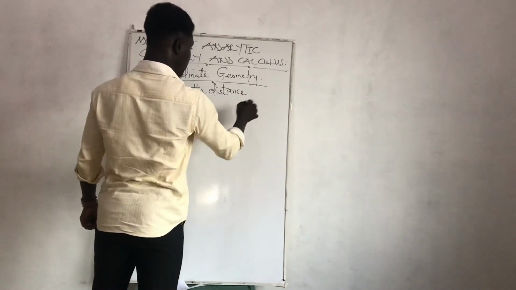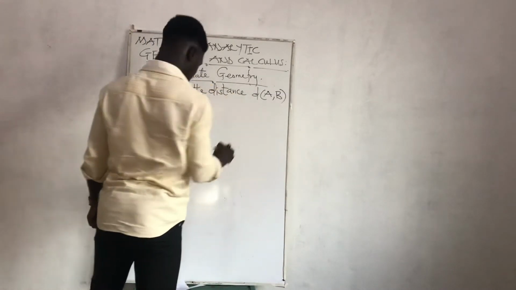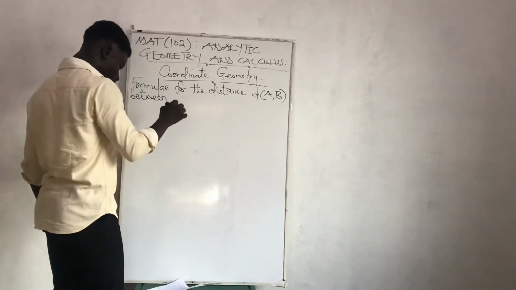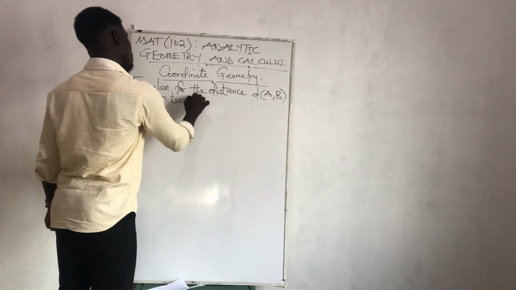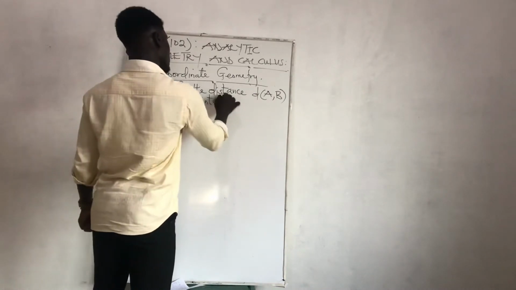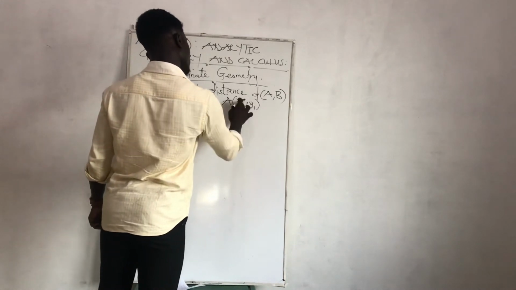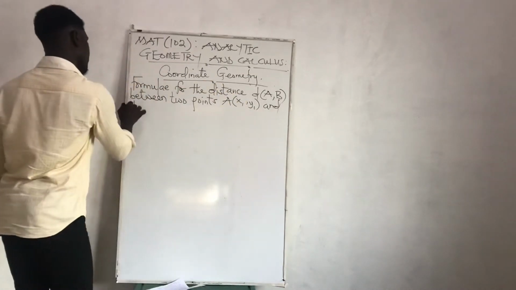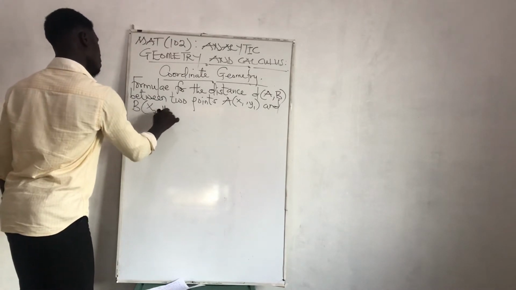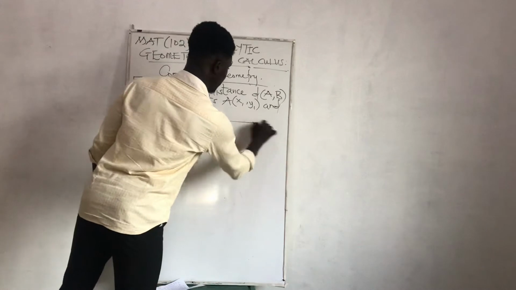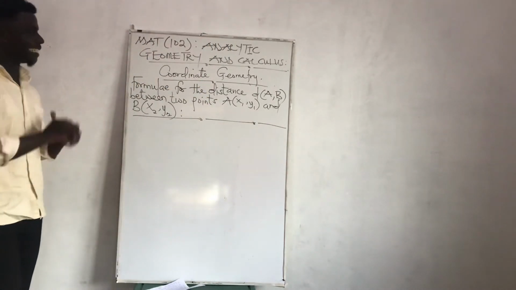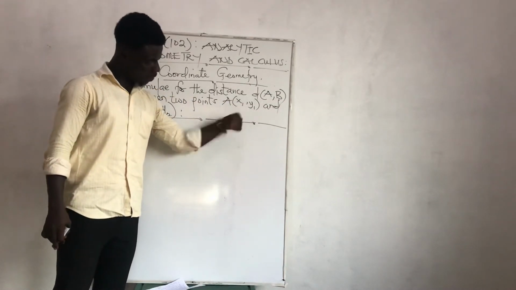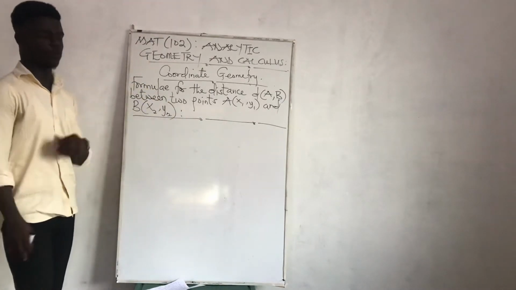For the distance D_AB between 2 points, point A (x1, y1) and point B (x2, y2). So this is our next subtopic: the formula for the distance D_AB between 2 points, point A (x1, y1) and point B (x2, y2).